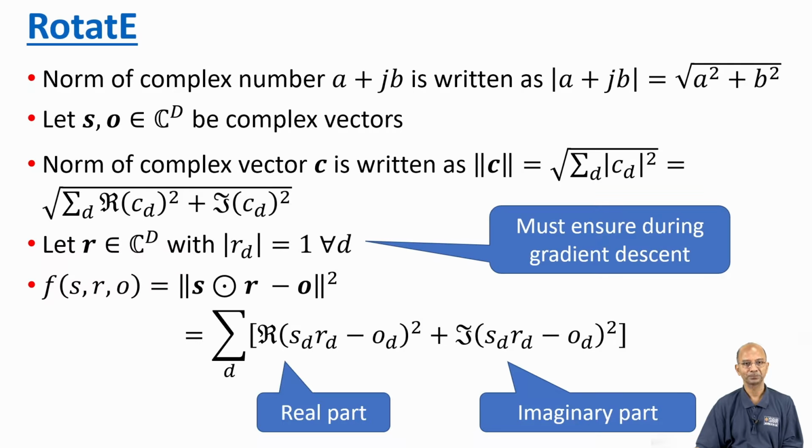The norm of a complex number a plus jb is simply, by Pythagoras rule, the square root of a squared plus b squared. If s and o are complex vectors like described recently, then the norm of the complex vector will be written as the square root of the sum of the norm of the individual complex numbers.